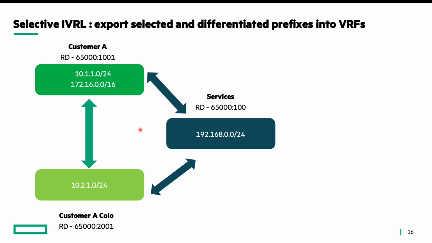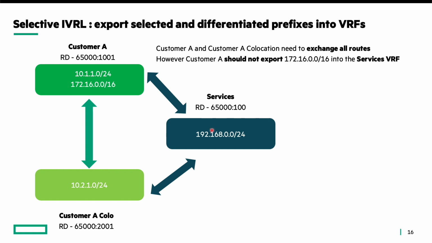Now we're adding services. This data center is also providing some shared services with 192.168. What happens is that in the services, we don't want to receive the 172.16. This one can be used by different customers, and there is a rule imposed by the service providers not to use this 172.16 address in the shared services.